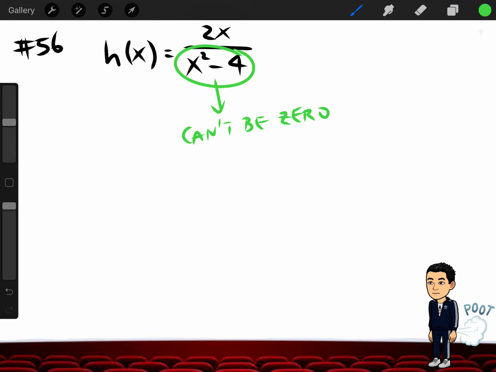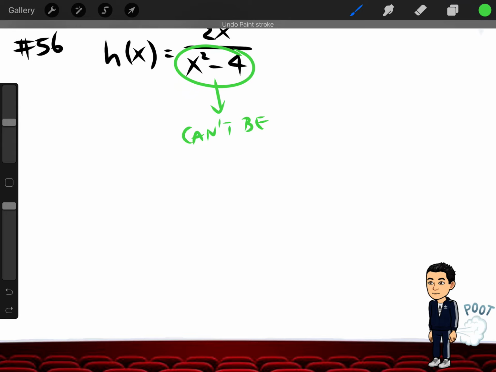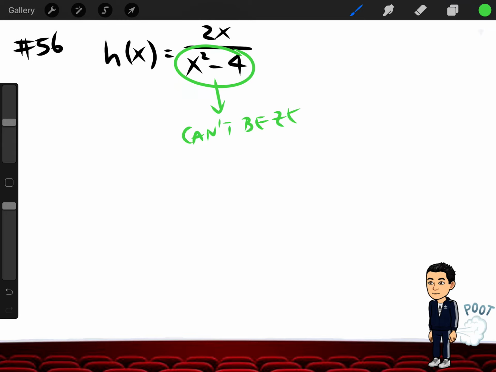For rational functions, domain and range are going to be all real numbers except the spot where asymptotes pass through. So I'm going to show you how to do this one.